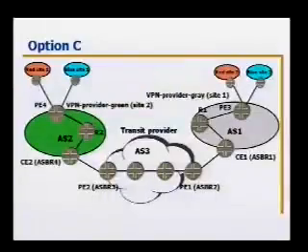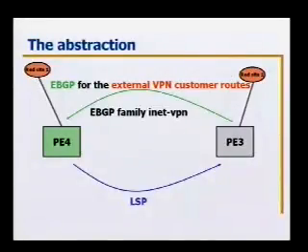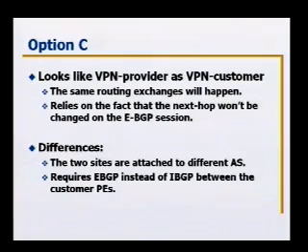So what does it look like? It looks exactly like this. We have eBGP for the external customer routes between the PEs, and we'll have an LSP between the PEs, and the VPN routes will be the routes for the loopbacks of these PEs. So this looks exactly like VPN provider as a VPN customer, and the same routing exchanges will happen.